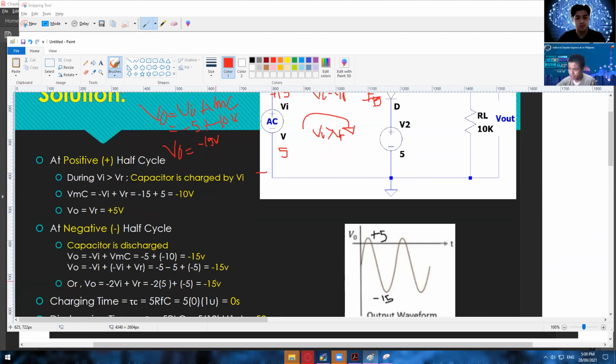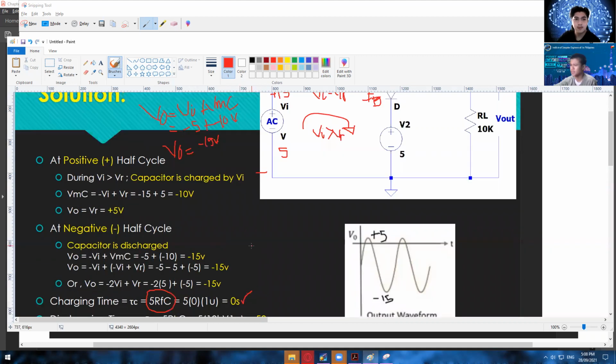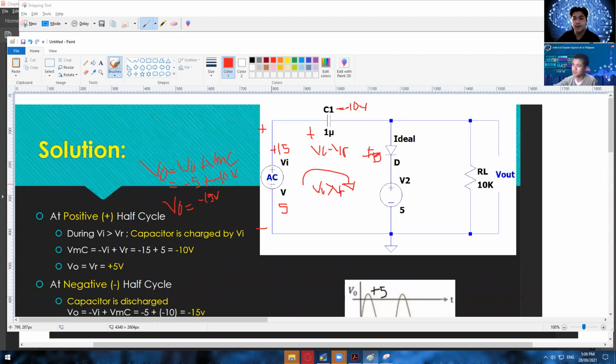Okay, and then for the charging time, all you need to do is use this formula, and RF is 0, or forward resistance is 0. Any number that's multiplied by 0 will be equal to 0. So the charging time is 0 seconds. What does it mean? As soon as there is a voltage or current flowing here, it will be charged in no time.